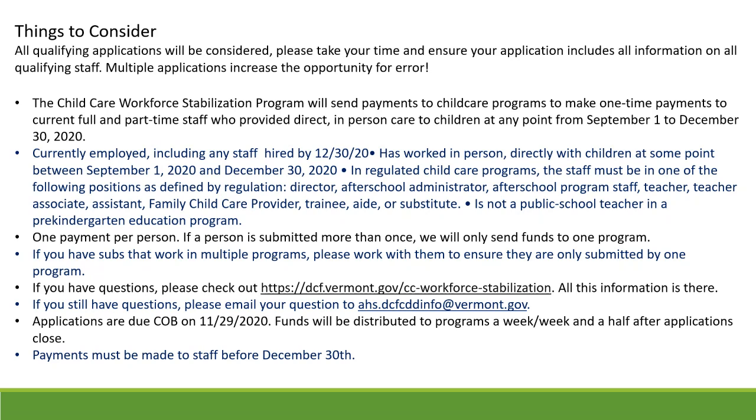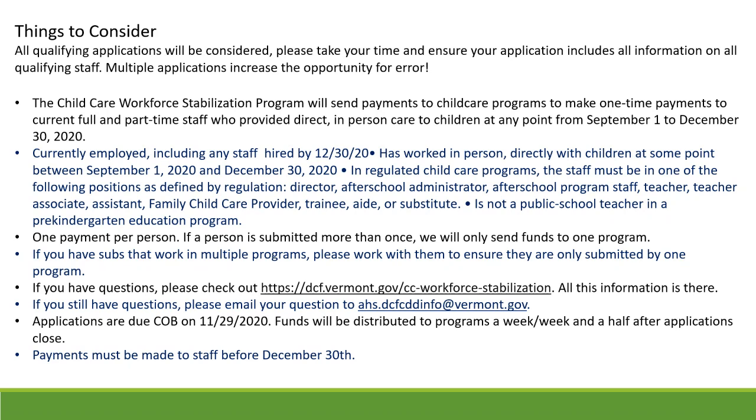So if you have a sub who works in multiple programs, it would be really helpful for you to talk to that person and ask, is there one program that they identify with more, maybe because they work more hours, or maybe because they've worked there longer, and then have that substitute ask that program to apply on their behalf.